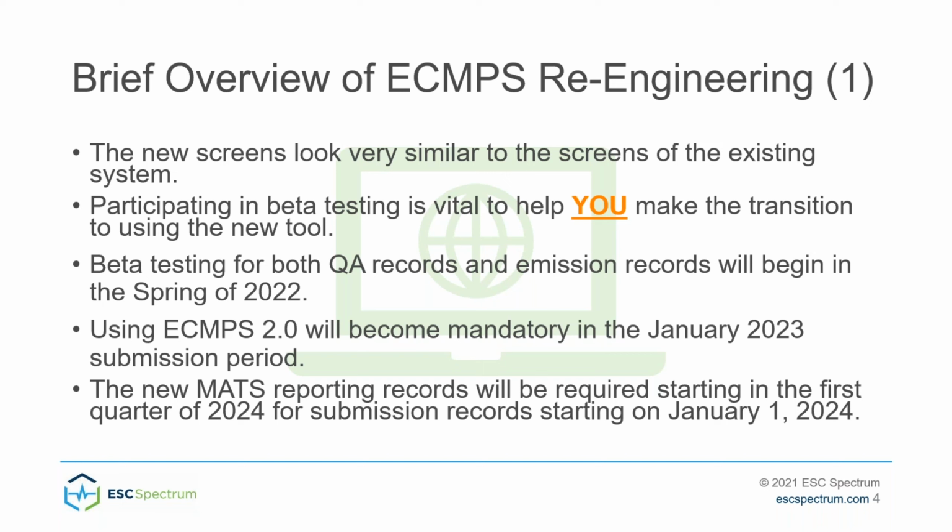And then in April of 2023, when you begin submitting your hourly emission files for the first quarter of 2023, again, you'll need to use the new tool for that period.